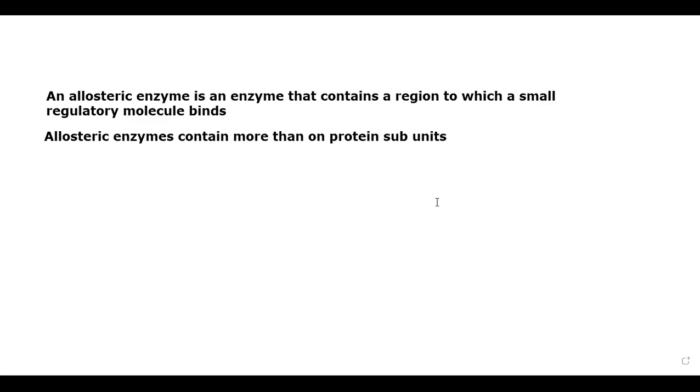Okay, what is an allosteric enzyme? An enzyme that contains a region to which a small regulatory molecule binds. Second, allosteric enzymes contain more than one protein subunit.